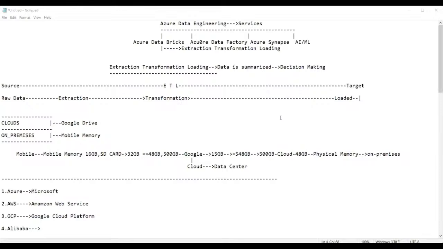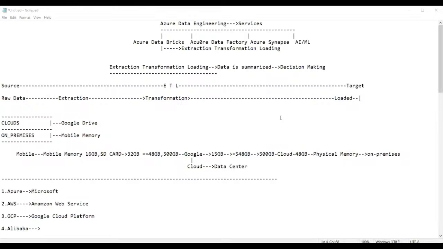Sir, ADB and ADF are both provided by Azure, Microsoft, right? What is the main difference between ADB and ADF? If there is a project where you are going to use both ADF and ADB, the ADF is used for the data ingestion process, that means insertion of the data, only up to that.